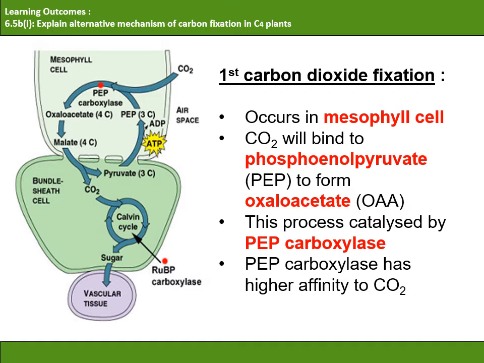The plants that adapted to warmer environments have evolved two principal ways that use the C4 pathway to deal with this problem. It will conduct C4 photosynthesis in the mesophyll cells, and then the Calvin cycle in the bundle sheath cells. The C4 pathway, in C4 plants, involves carbon dioxide being fixed twice.